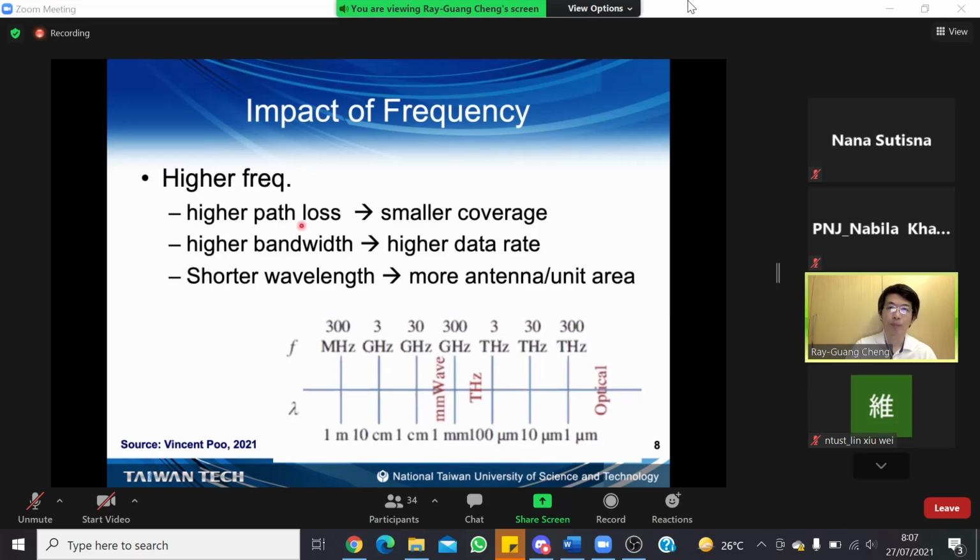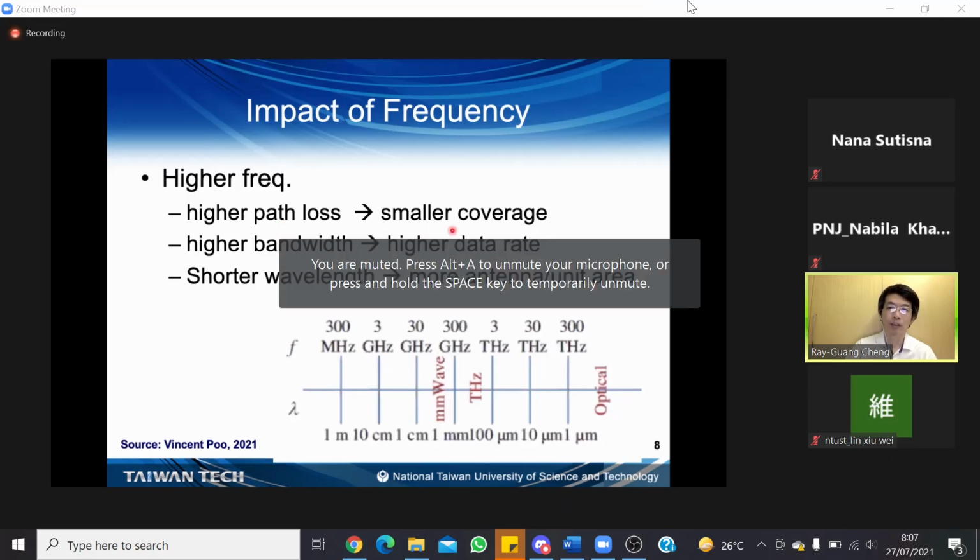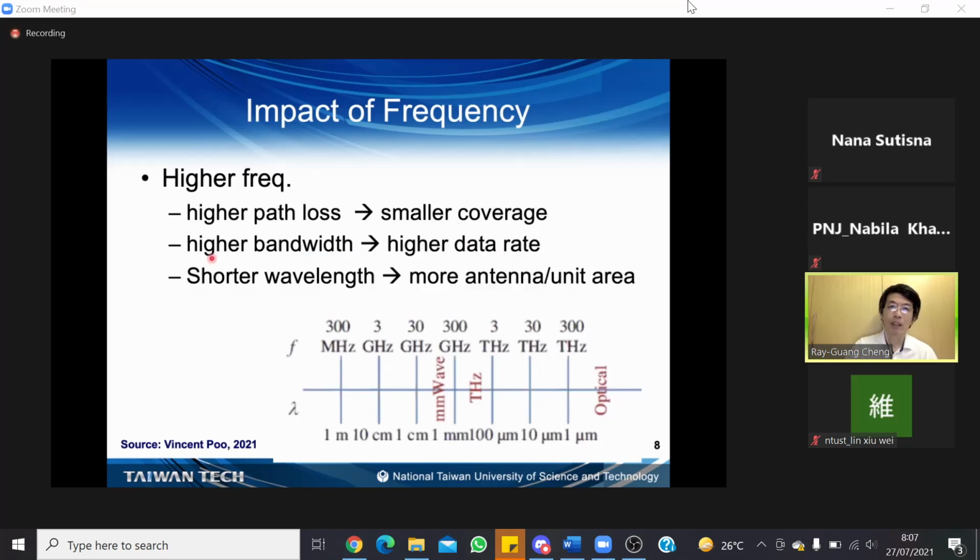Higher path loss means the coverage is smaller. The higher frequency also implies they can have higher data rate because according to the channel capacity theorem, your data rate capacity is proportional to your bandwidth.